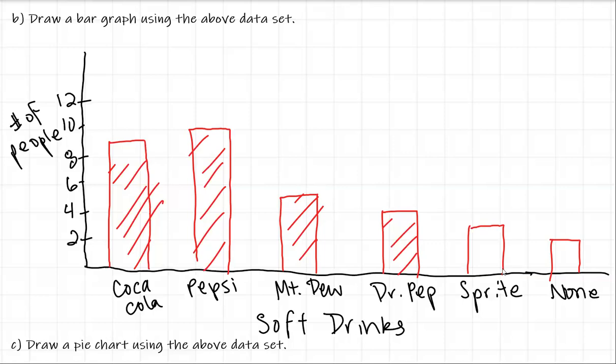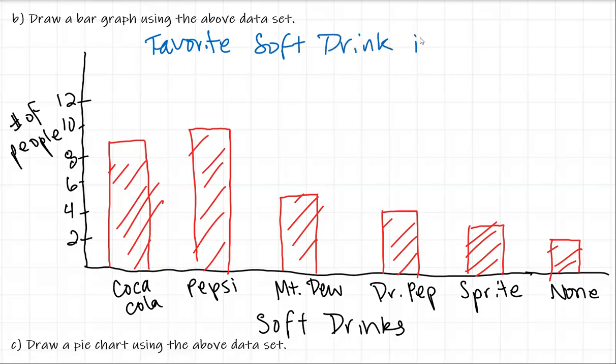Whenever you make titles, you want to be as descriptive as possible. For this one, we can say favorite soft drinks. And since this was Frank's classmates, you can say in Frank's class, right?